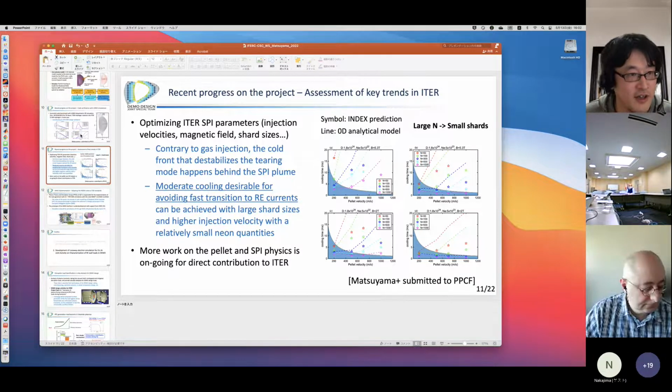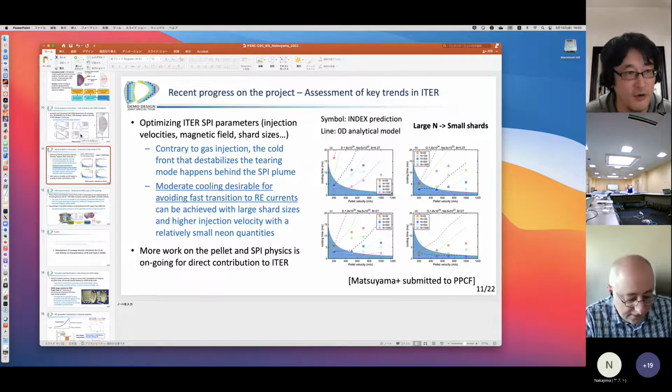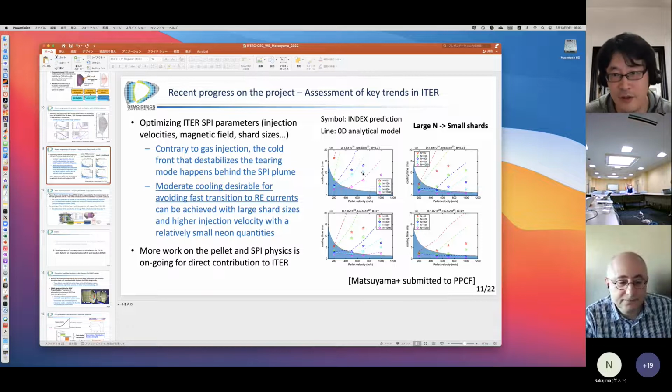And even JOREC has a limited spatial resolution for the pellet physics, actually. The pellet physics has to resolve the very narrow, localized pellet cloud, and we found that this is very difficult to resolve by JOREC.